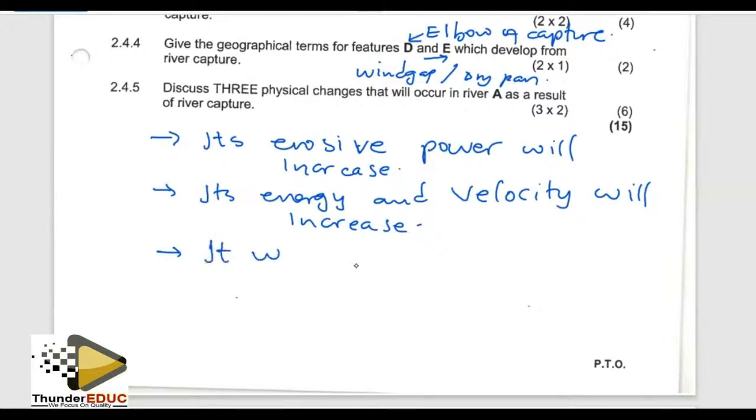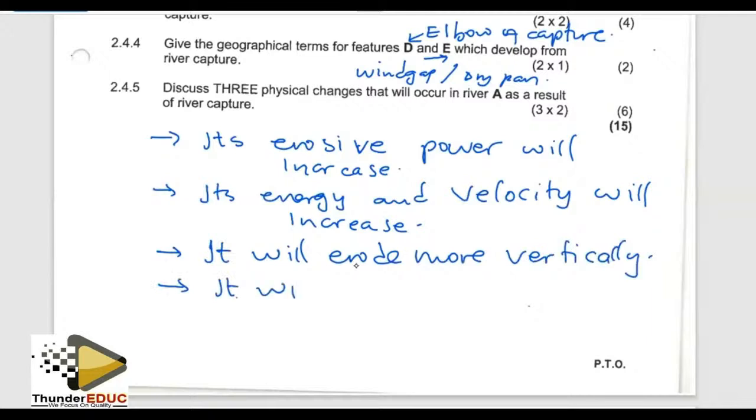It will erode more vertically. It will have more volume of water.